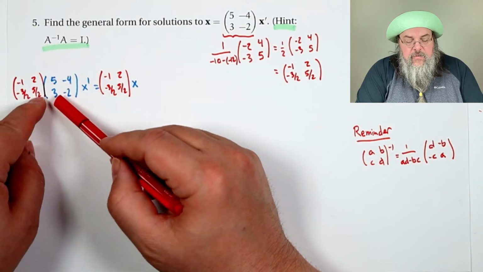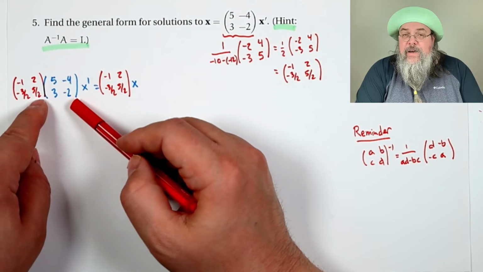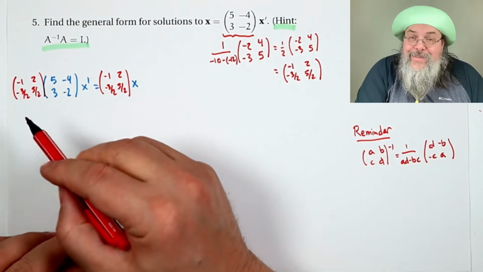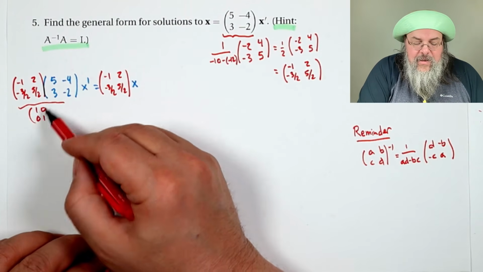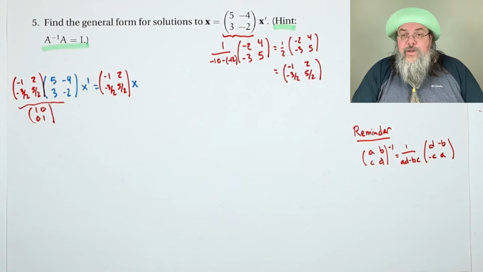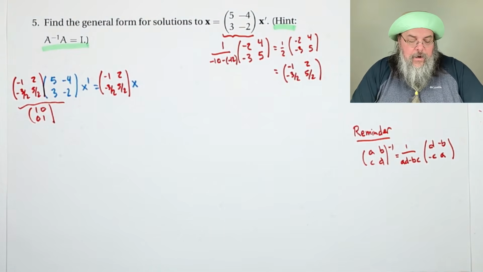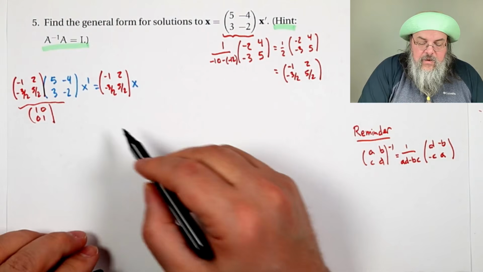Minus 15 halves plus 15 halves is 0. And 12 halves minus 10 halves is 2 halves, which is 1. By design, not a coincidence, this is your identity. And if you take the identity times anything, you get back the thing. So, really, our problem here should have been written as the following.